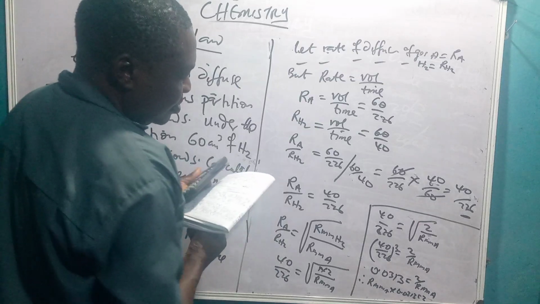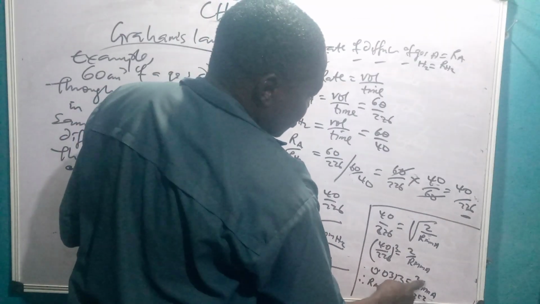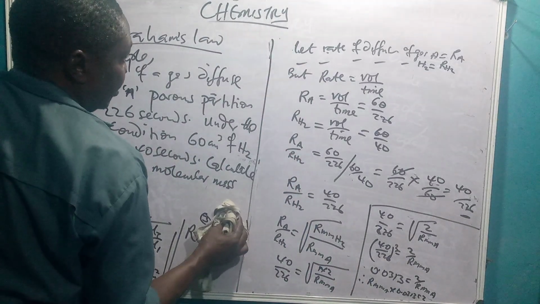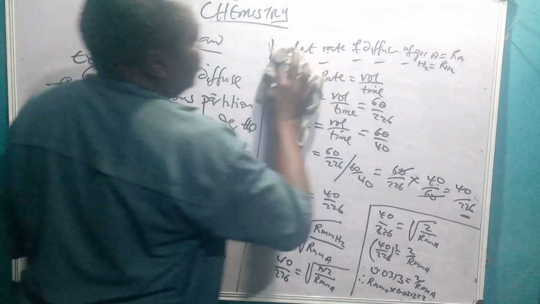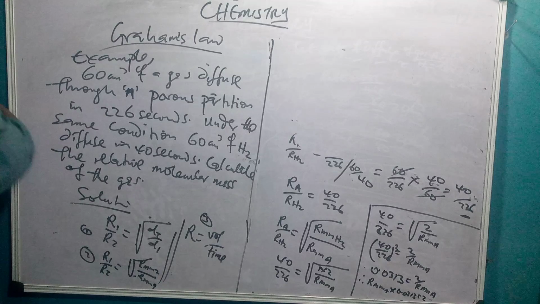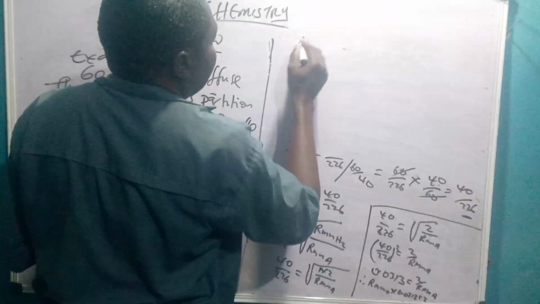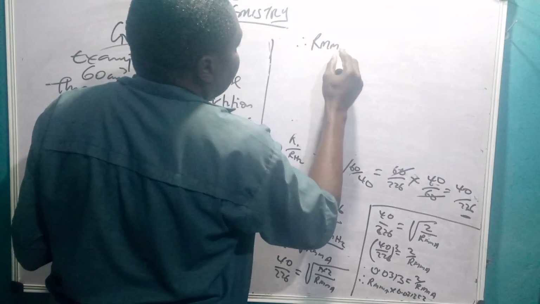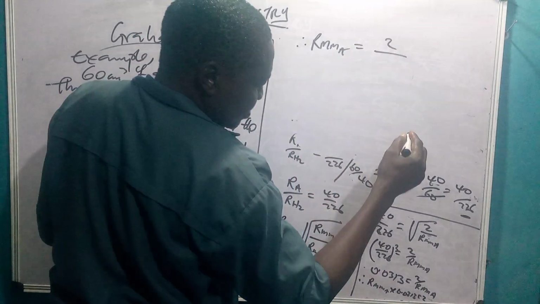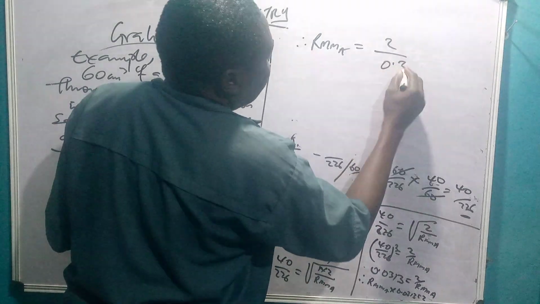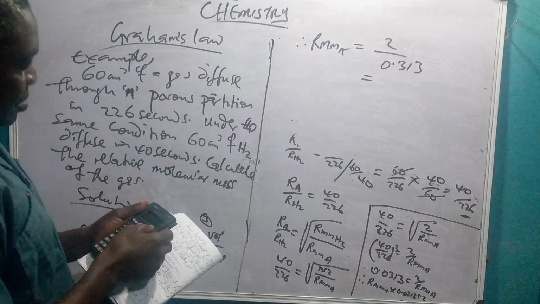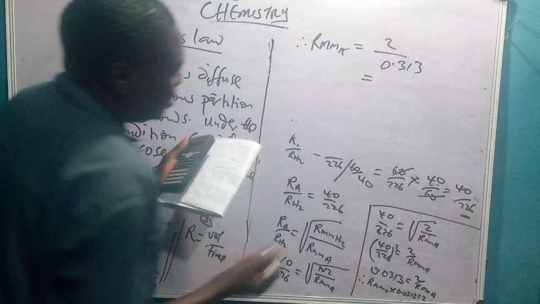Then you now divide. Let me clean up for a better view, because we always consider the question. So you now have, therefore, relative molecular mass of A equals 2 over 0.0313.